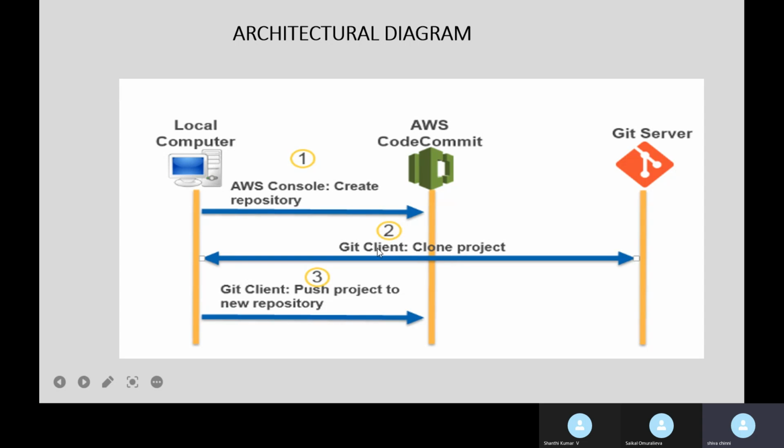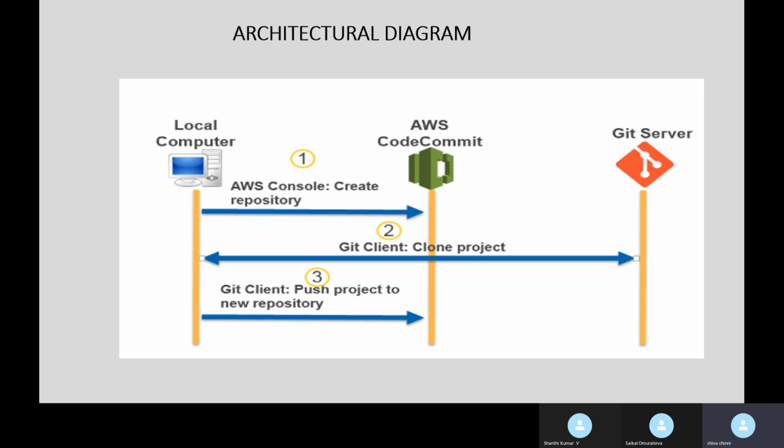Once downloaded into your local, all the files are available in the corresponding folder. Then you can push the files to the CodeCommit repository by using git push with the URL of the CodeCommit repository, so that all the files from Git are loaded into CodeCommit, and you can verify on the AWS console itself. This is the migration part of our architectural diagram.